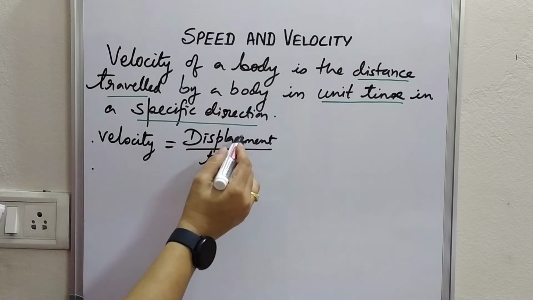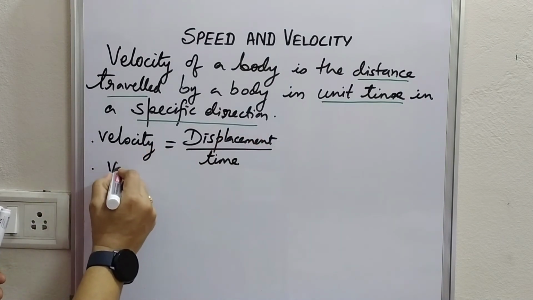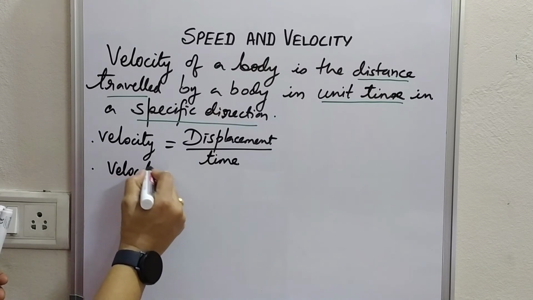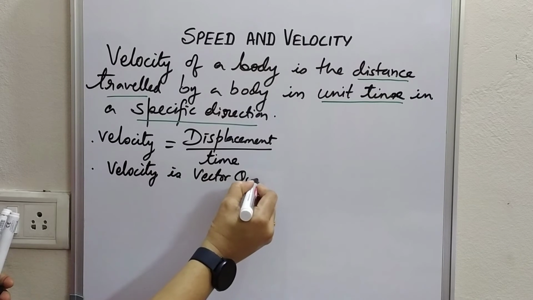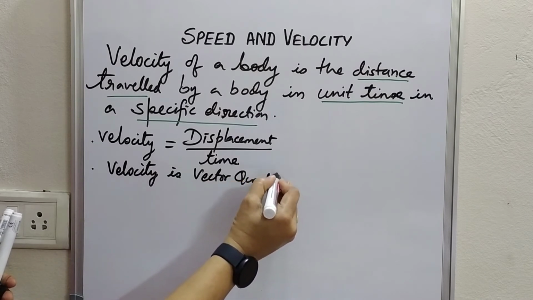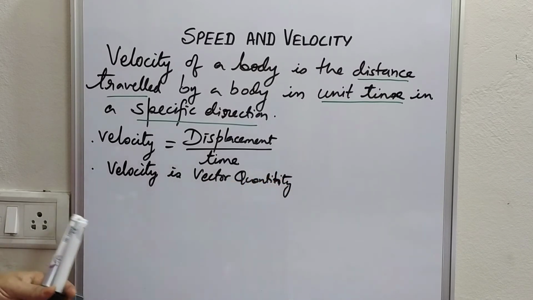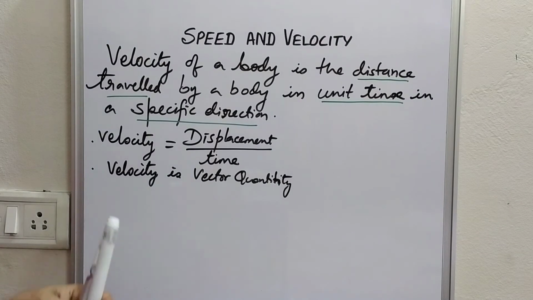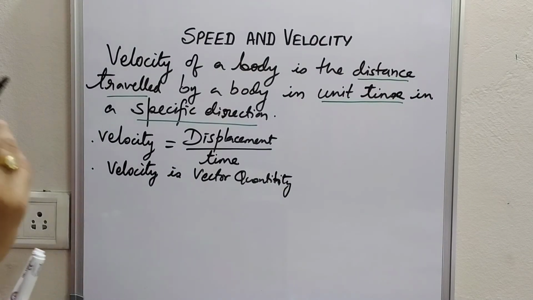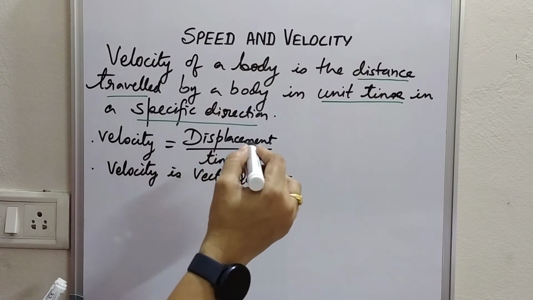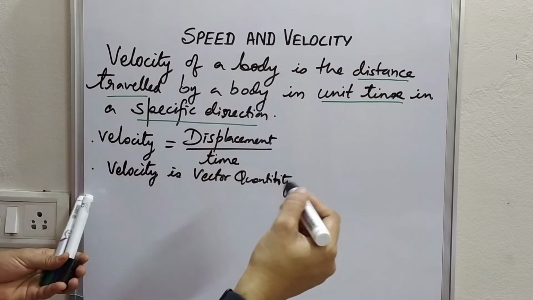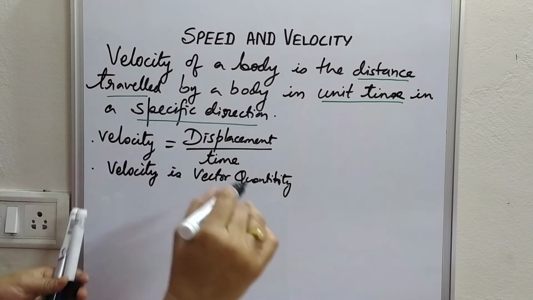Since displacement is a vector, velocity is also a vector quantity. Velocity and speed are measured in the same units, since distance and displacement both are measured in terms of centimeters in CGS and meters in MKS.